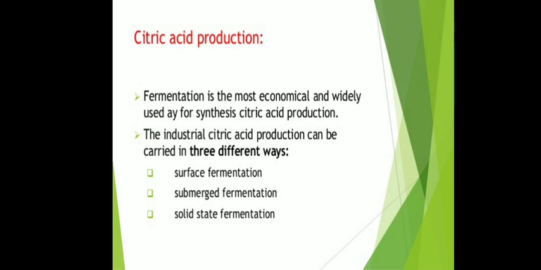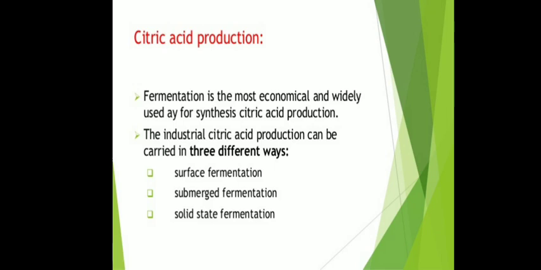In the last session of your fermentation technology, we already started with the production of citric acid, and we were dealing with the process of production of citric acid at the industrial level, in which we have already seen that there are three different ways for the production of citric acid at industrial level, which includes surface fermentation, submerged fermentation, and solid state fermentation.